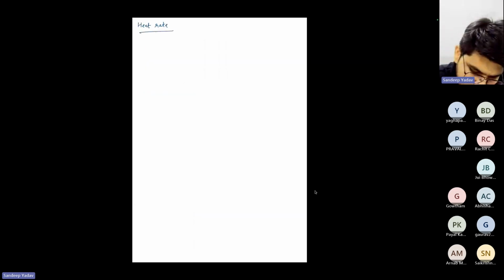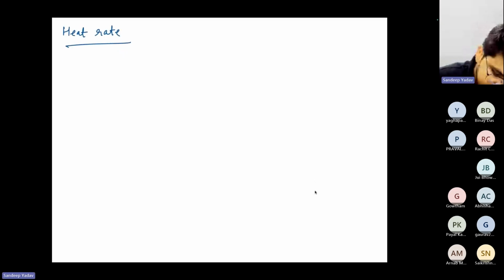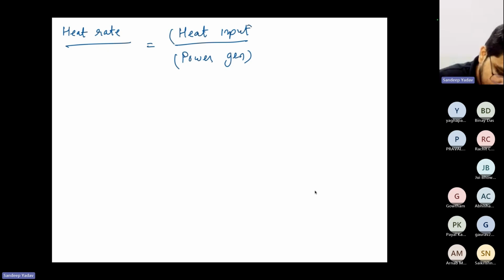So let's calculate the heat rate. First, heat rate is the heat input divided by power generation. The unit of heat input is kilocalorie, divided by kilowatt hour. Let's solve it for the coal first.